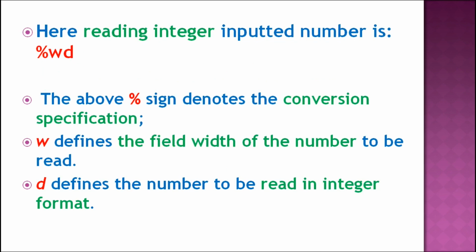The inputted number is %wd. That means the percentage sign denotes the conversion specification, w defines the field width of the number to be read, and d defines that the number is read in integer format.